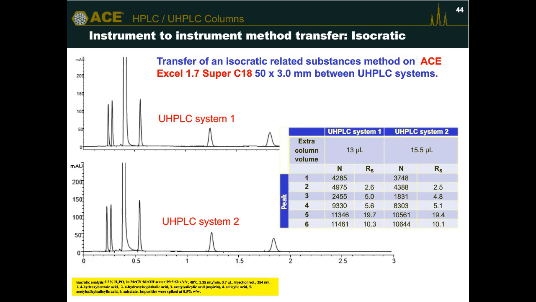So here's just an isocratic method run on two of our UHPLC systems. You can see the resolution, the efficiency is approximately the same, even though the two systems have slightly different extra column volumes. If they've got significantly different extra column volume, potentially you might see broader peaks on the system that's got more volume, more dead volume.